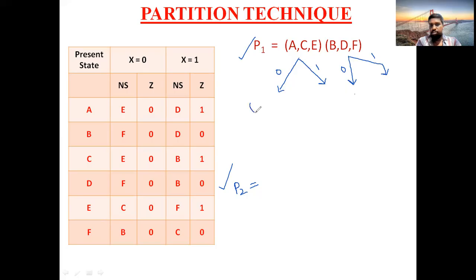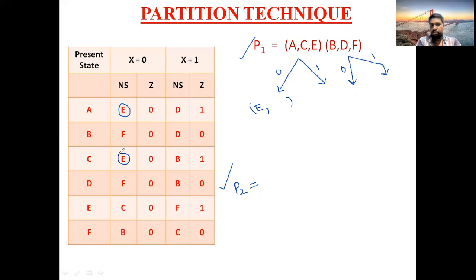So what does 0 successor mean? See, the state A when input is 0, what is the next state value? The state A when input is 0, the next state value is E. So write here E. Carefully observe here. Next, what is second one? C. C when x equal to 0, where is it going?